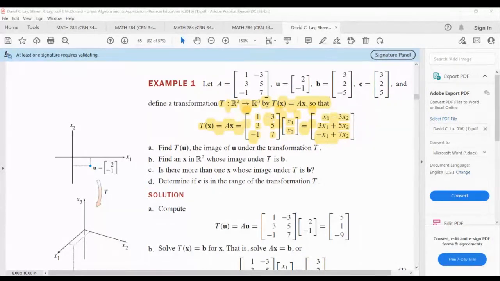It has x1 and x2 as coordinates. And when you multiply that by the matrix A, which has 3 rows and 2 columns, you get a new vector with coordinates x1 minus 3x2, 3x1 plus 5x2, and negative x1 plus 7x2.